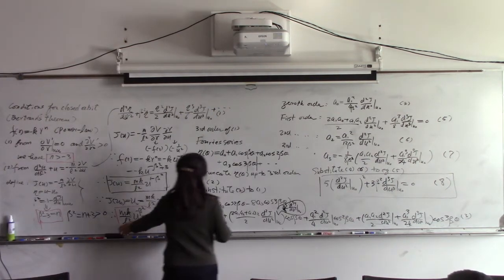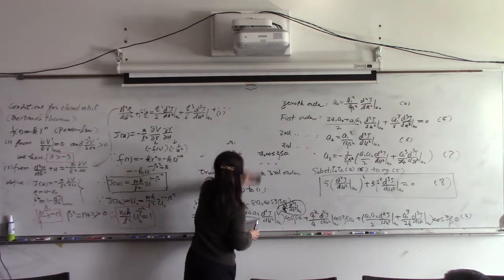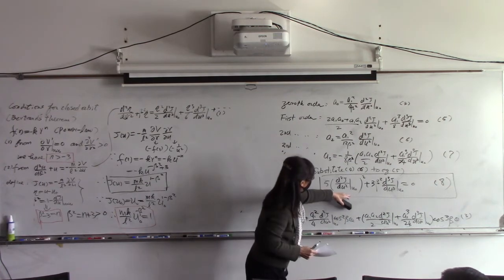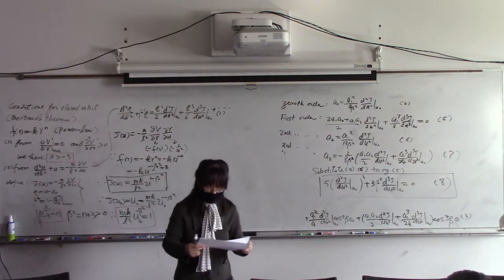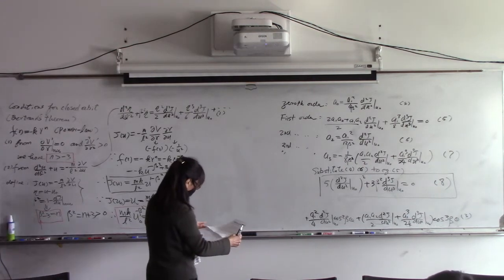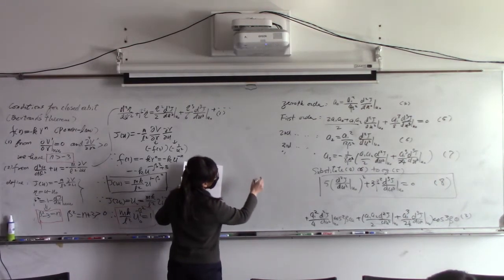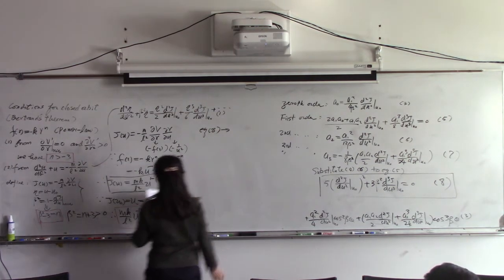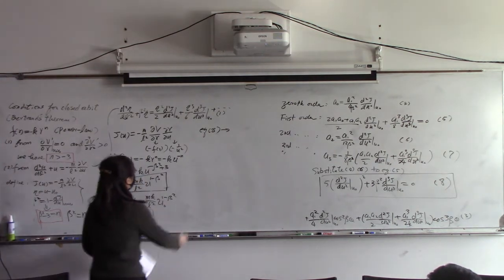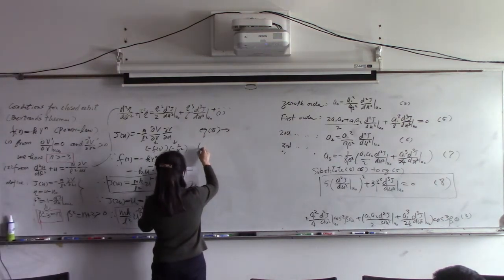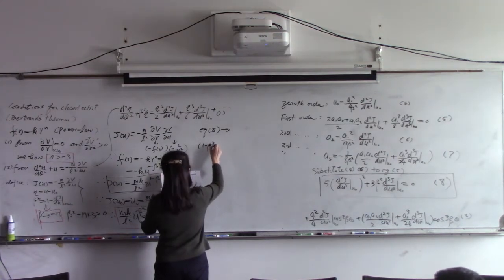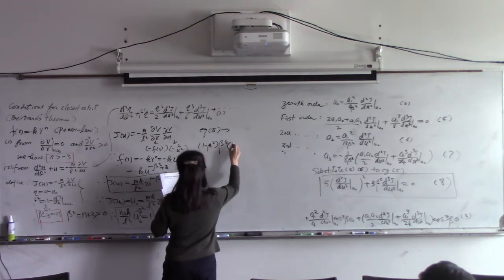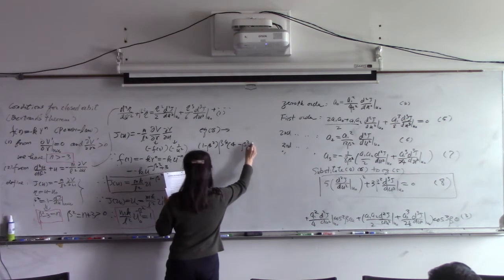Now I'm going to give you the result. Finally, we substitute into here, so we have the final equation for beta. Equation 8 is reduced to 1 minus beta square, beta to the fourth power, 4 minus beta square, equal to 0.